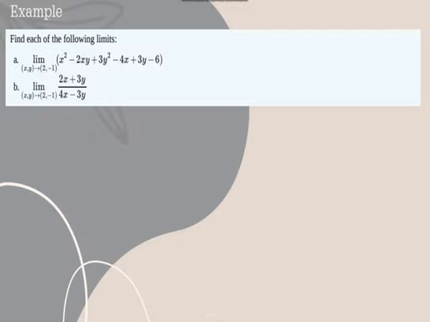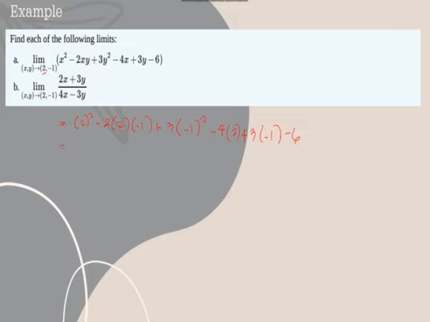We have, diretso na ko ha, x natin is 2, so we have 2 squared minus 2 times 2, y natin is negative 1, plus 3 times negative 1 squared minus 4x, minus 4 times 2 plus 3 times negative 1 minus 6.